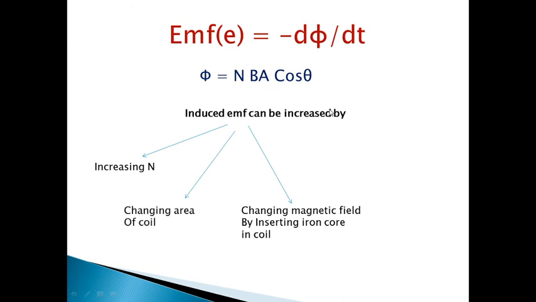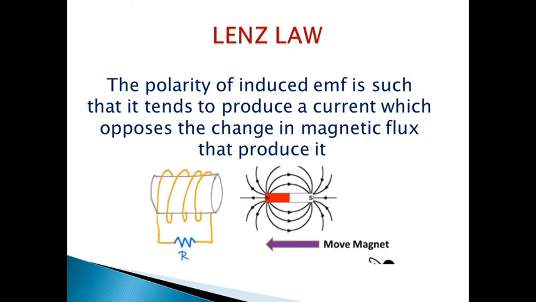As you move the coil inside and outside the magnetic field, the area is changing. Next is changing the orientation of B and A faster. When we do the AC generator, there we change the orientation also, so theta changes.